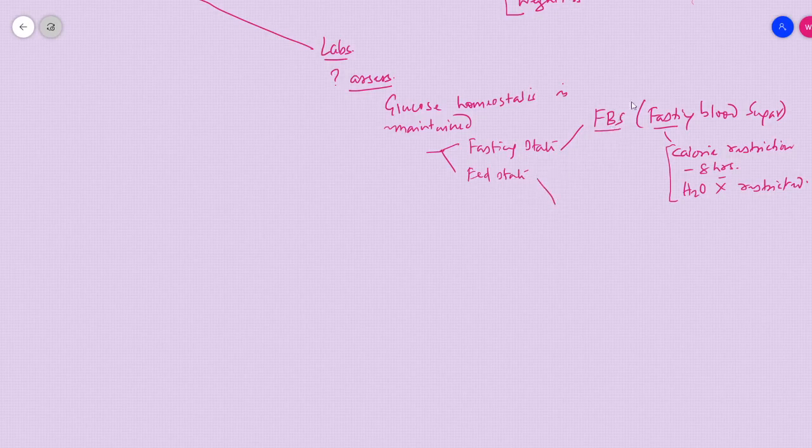After the plasma blood sugar is taken, the patient is advised to consume 75 grams of glucose.